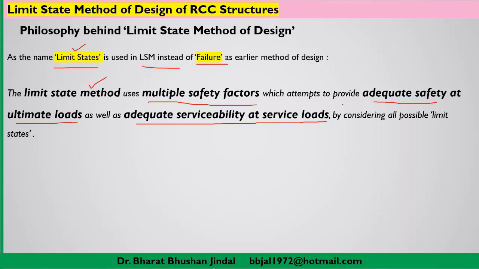Earlier, in the working stress method, we were concerned only with adequate safety, but in the limit state method we are using an additional safety measure, that is adequate serviceability at service load, by considering all possible limit states. So the limit state method is linked to limit states. What are the limit states? What type of limits are we imposing in the case of the limit state method? Let us go through.